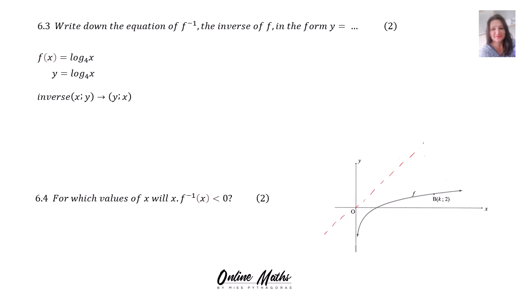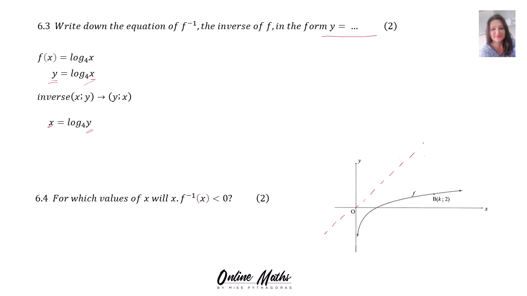So in fact, wherever you see a y, you substitute it with the x, and wherever you see an x, you substitute it with the y. And that in fact is your answer, but then the question says they want it in the form y is equal to. So now again you have to convert your log equation into an exponent.